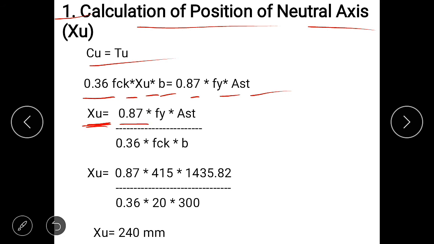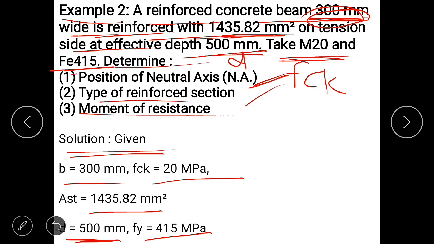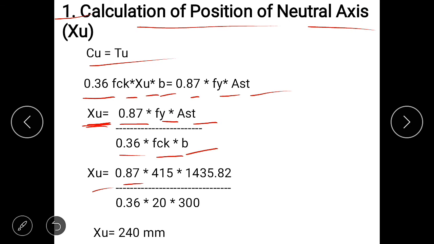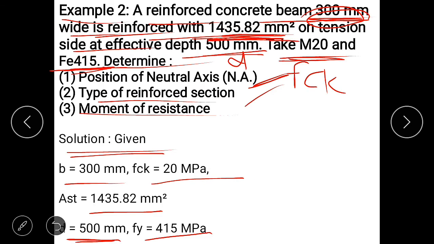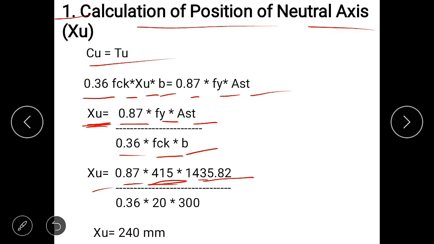So Xu equals 0.87 Fy AST divided by 0.36 FCK into B. Xu equals 0.87, Fy is 415, into AST 1435.82 mm square, divided by 0.36, FCK is 20 and B, the width, is 300. So Xu is 240 mm.